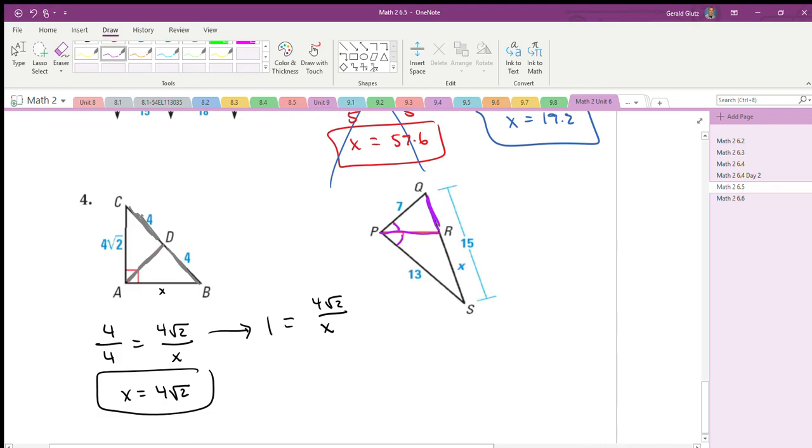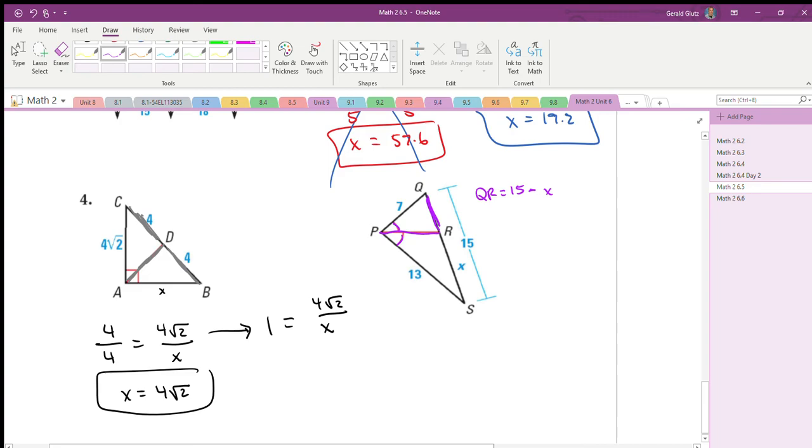So this one's a little tricky because we don't know what QR is. We know the whole length from Q to S is 15. And the length from R to S is x. So whatever x is, if I take that away from the 15, that will give me QR. So QR is actually equal to 15 minus x.